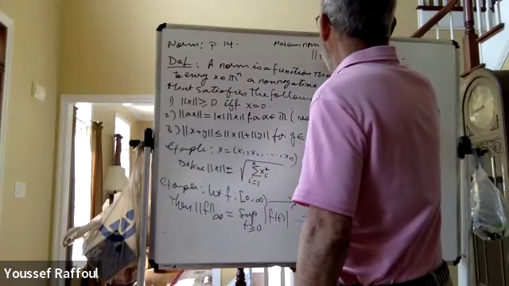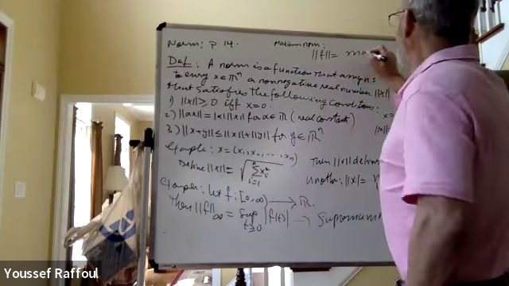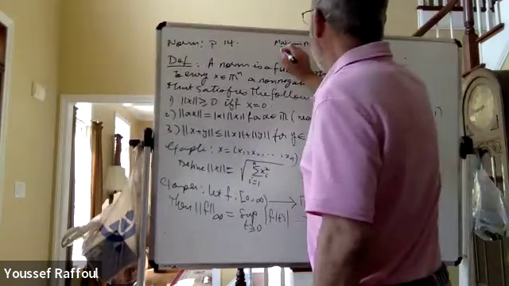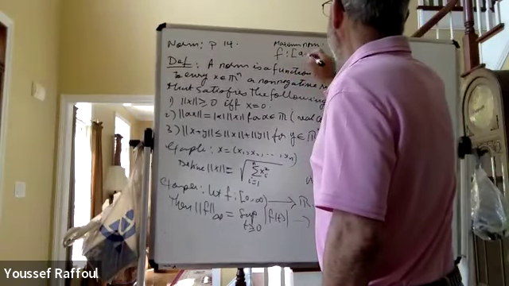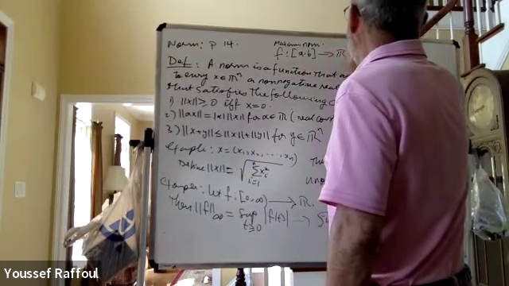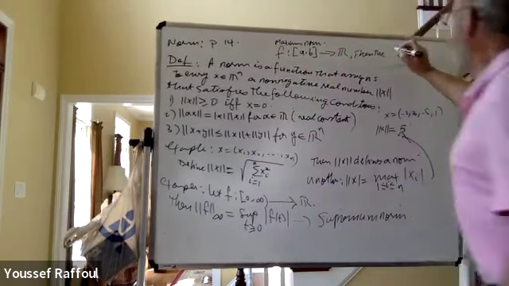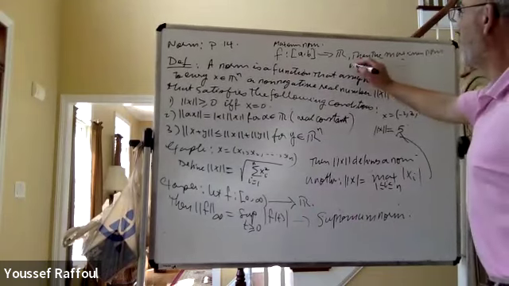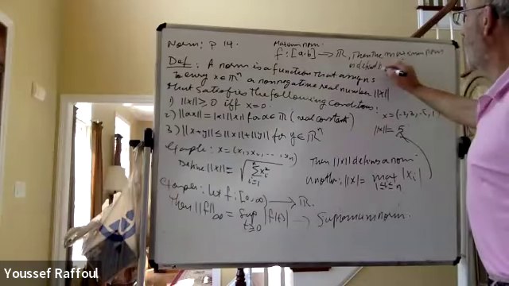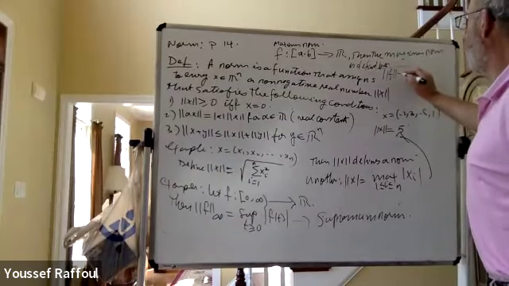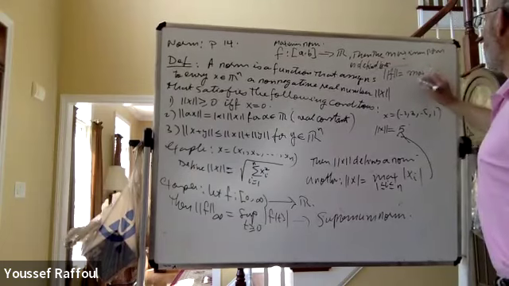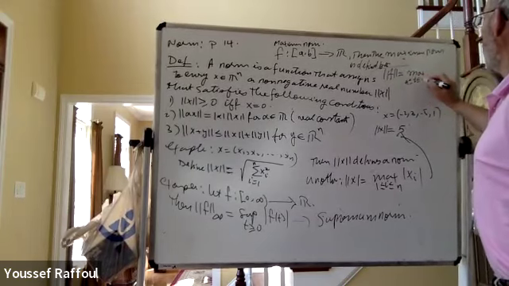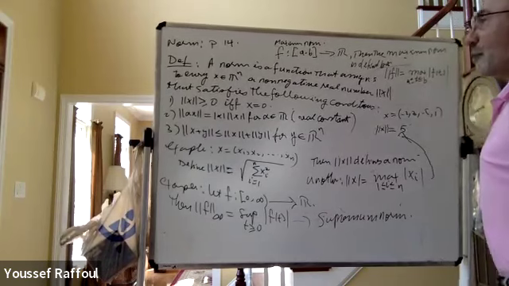The maximum norm would be, if we have f going from a to b into R, then the maximum norm is defined by the norm of f equal to the maximum for t between a and b of the absolute value of f of t.